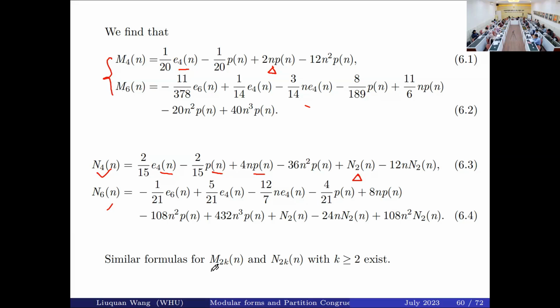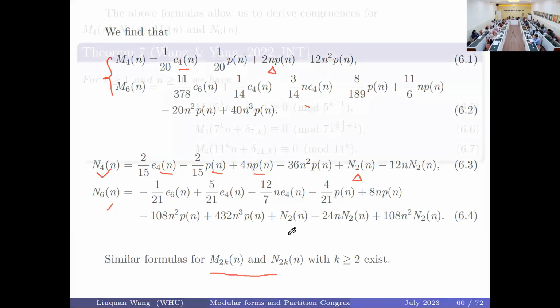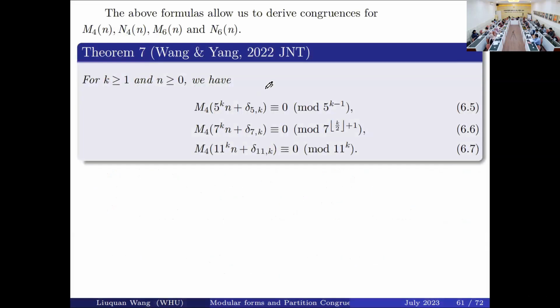So similar formulas for other cases also exist. And with all these results, the above formulas allow us to derive congruences for the fourth, sixth, and all other order moments for ranks and cranks. For example, for the fourth moment of ranks, we prove that M4 satisfies this kind of congruences modulo 5 to the (k minus 1)th power, and M4 satisfies congruences modulo powers of 7 and 11.